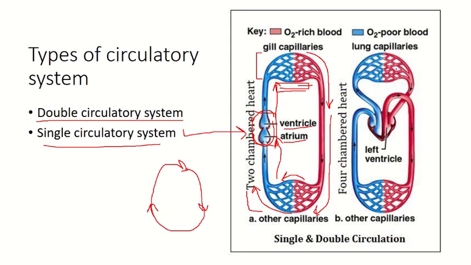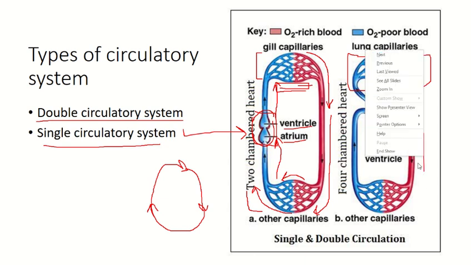Now move to the next diagram, that is called the double circuit heart. This is the same. For example, if I take this example from humans, this is the lungs. You can say this is a picture of lungs, and the red color is showing that it is oxygenated blood. This oxygenated blood is entering into the heart. Okay, and the heart is transporting this blood towards the body.